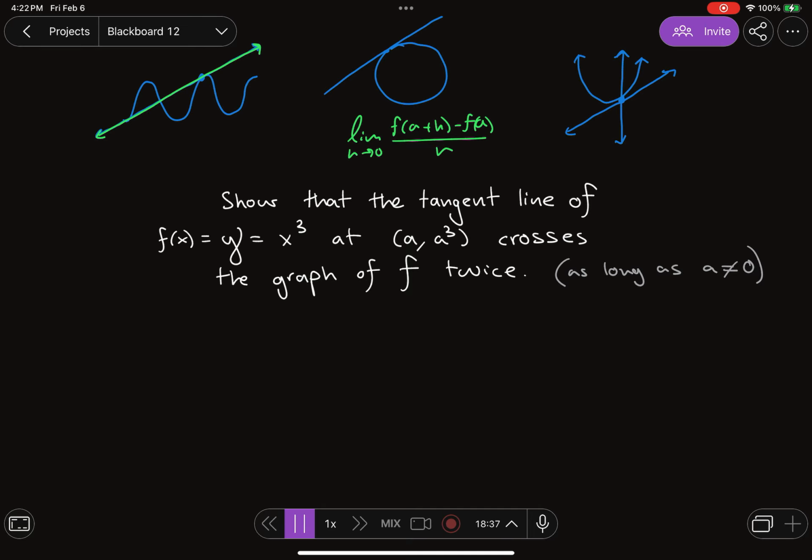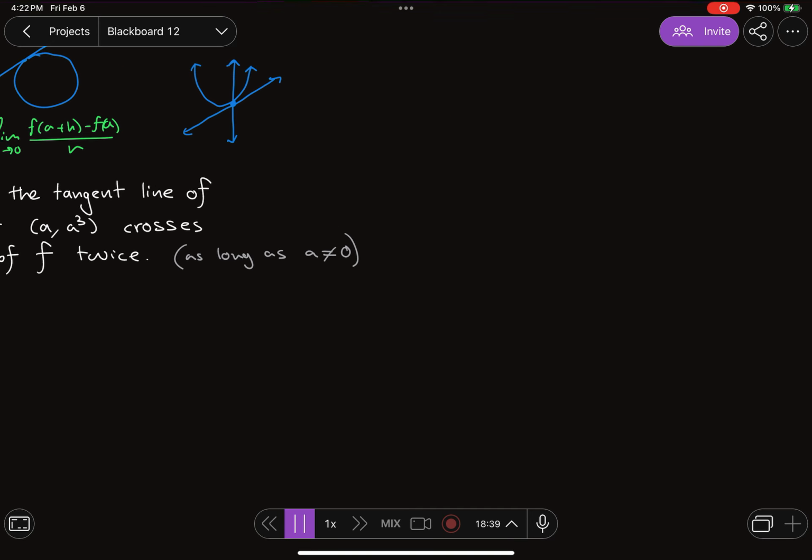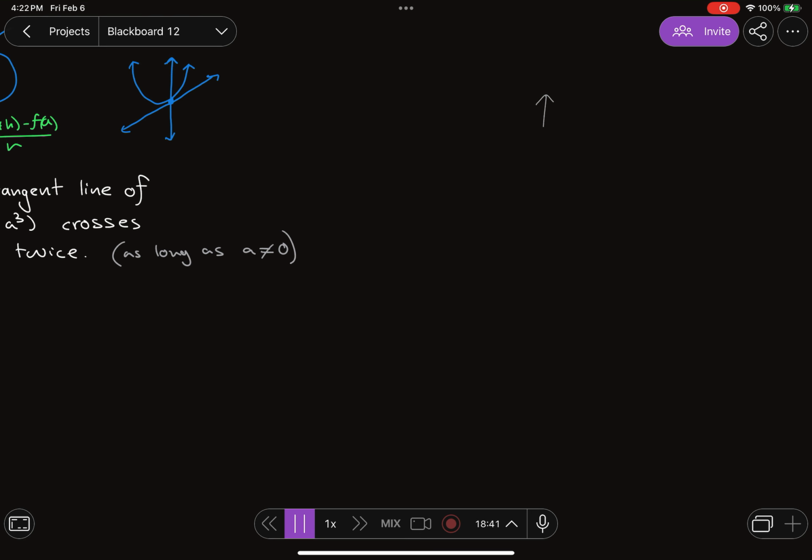So to get a picture here, we have x cubed as a function, looks something like this. Y equals x cubed. If we were to grab a here, here's our tangent line at a, it grazes it.